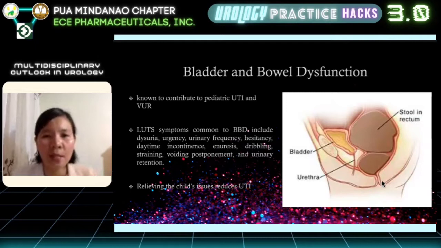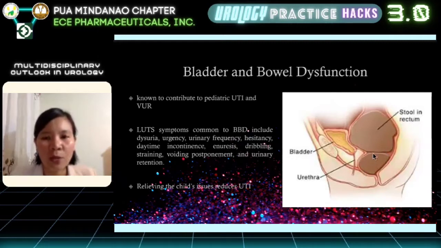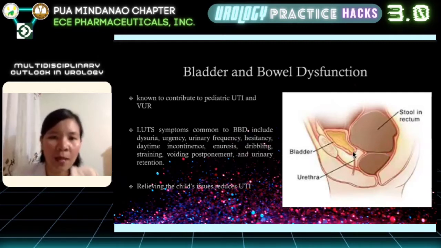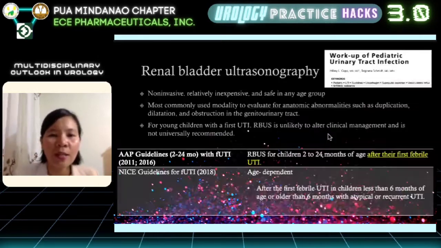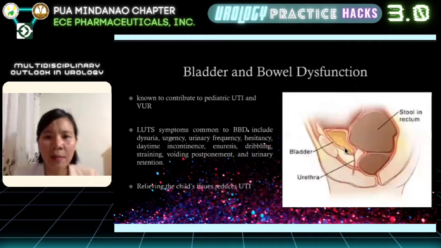An increase in fecal load can affect bladder emptying and storage in two ways. First, mechanical compression compresses the bladder and decreases the bladder capacity, and this decrease in bladder capacity can cause urge incontinence and frequency.